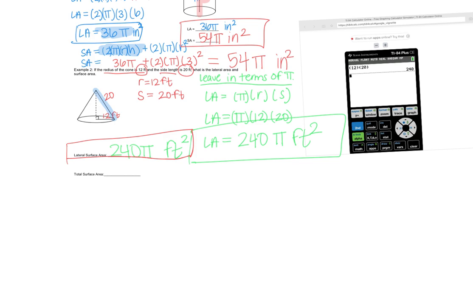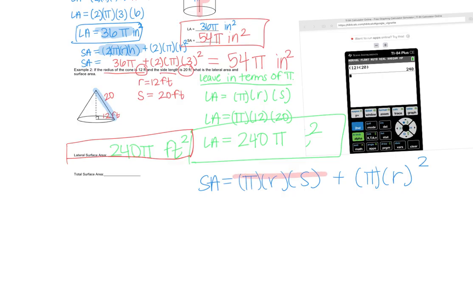Ok, nos falta la última parte que es el surface area total, SA, pi RS más pi R cuadrado. All right, so we write down our formula.